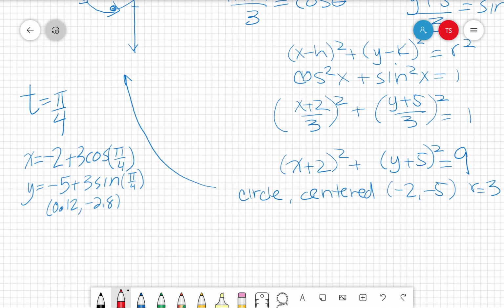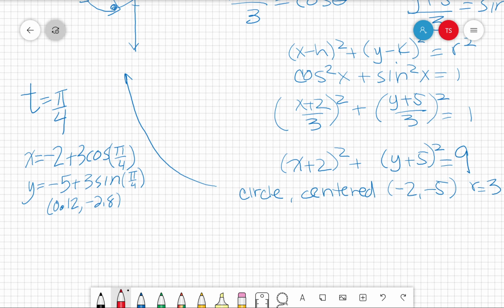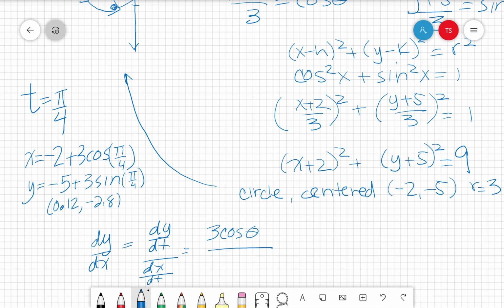And the way we do that is dy/dx will be equal to dy/dt divided by dx/dt. And so if we look at what our equation is, dy/dt will be equal to 3 cosine theta, and dx/dt will be equal to negative 3 sine theta.